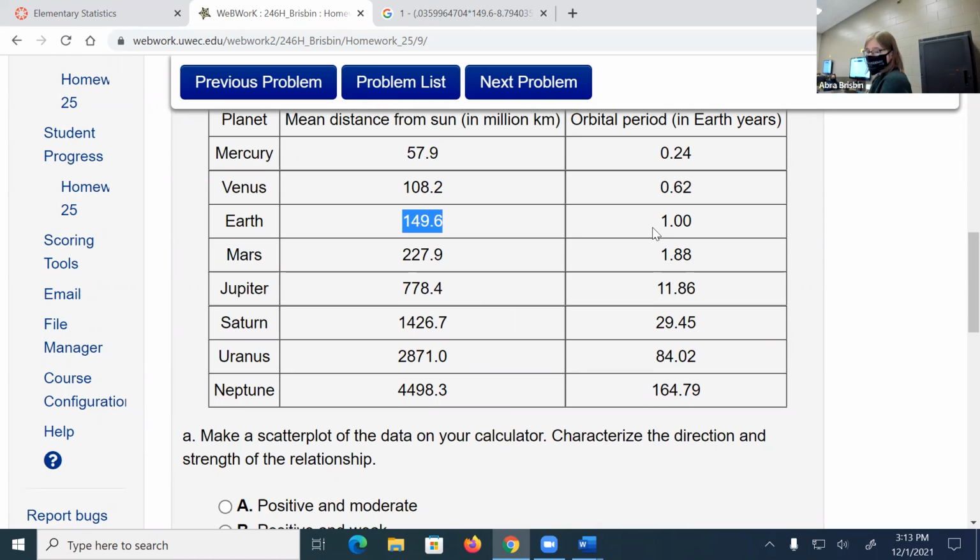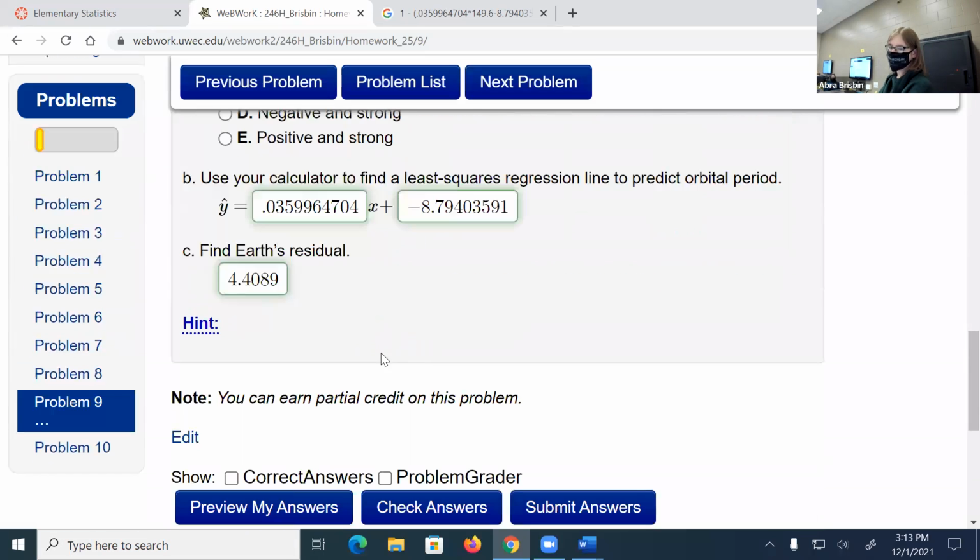And your calculator will jump to the height of the line at that x value, which is the predicted y value according to the regression line. So that can be a shortcut, so you don't have to type in all of the numbers in the slope and y-intercept in order to plug 149.6 in for x.